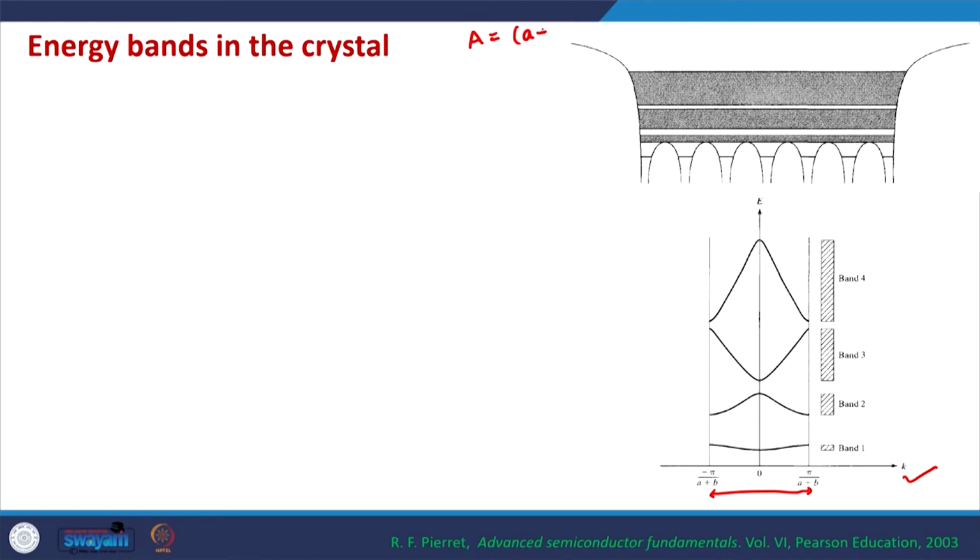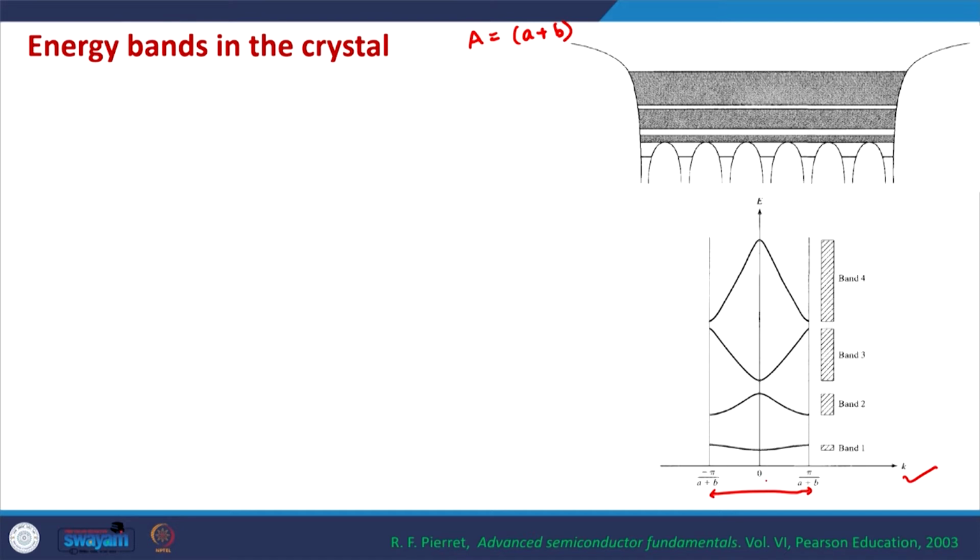In our solution, the period is capital A equals small a plus small b. So, all possible K values will be between minus pi by (a plus b) to plus pi by (a plus b), and corresponding to these K values we will have many energy values.